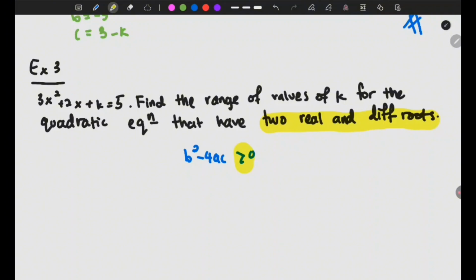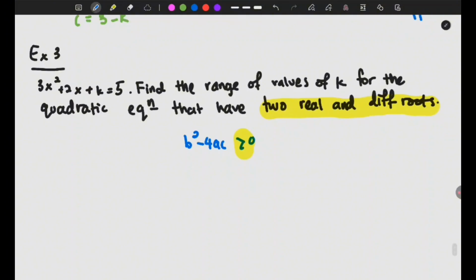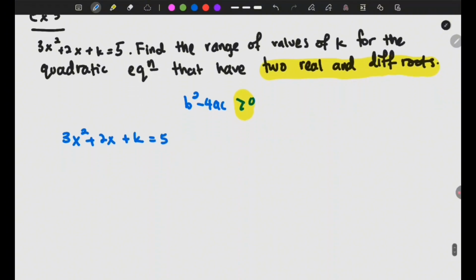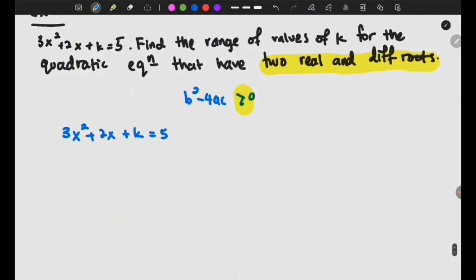And now they give you a quadratic equation. They don't give it in standard form or general form. You have to make it into general form. So 3x squared plus 2x plus k equals to 5. First thing, bring into general form, so you have to make it equal to 0. The 5 brought to the other side becomes negative 5, right?